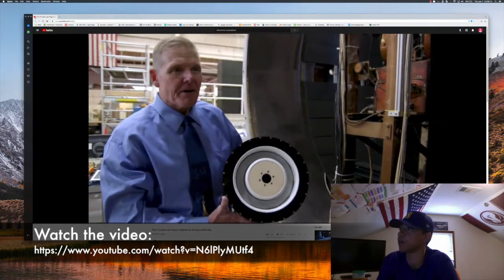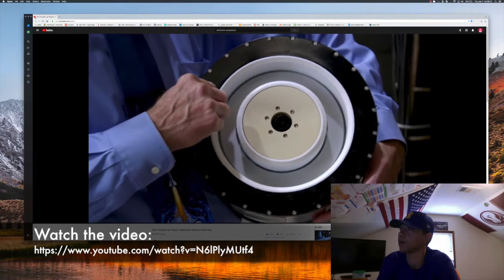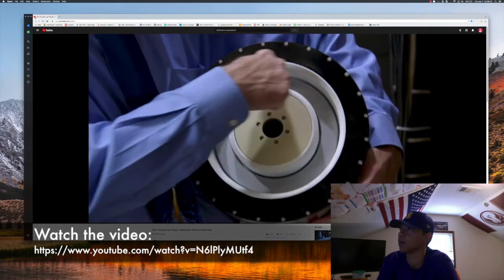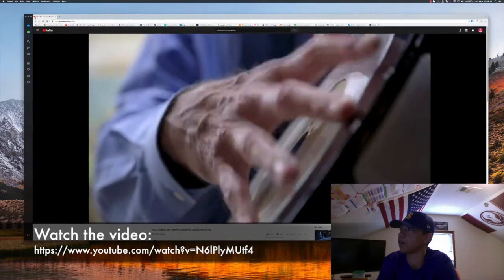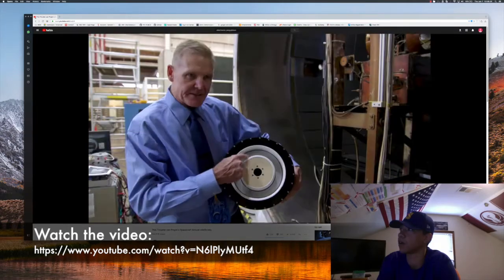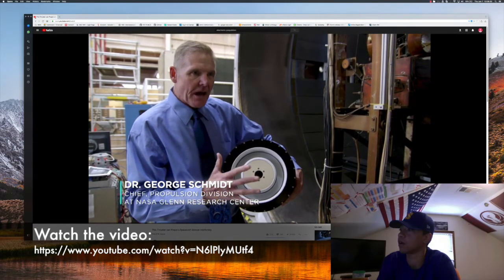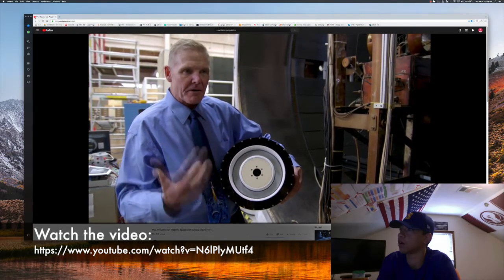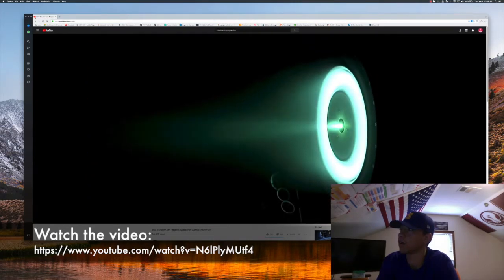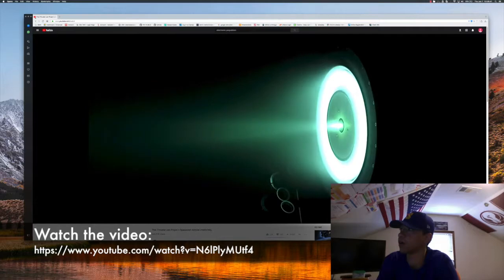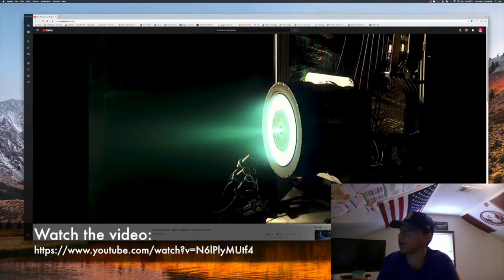What we have here is a high-powered ion thruster, and the way it produces thrust, our ions are created inside this ring, and then we establish electrostatic potential that accelerates these ions out and produces large velocities. And what that does is it gives us very efficient production of thrust. This is an ion thruster under test, pouring out a constant stream of charged particles.